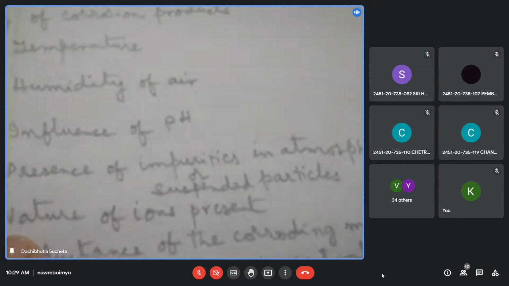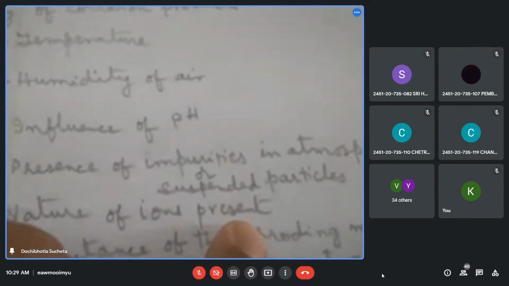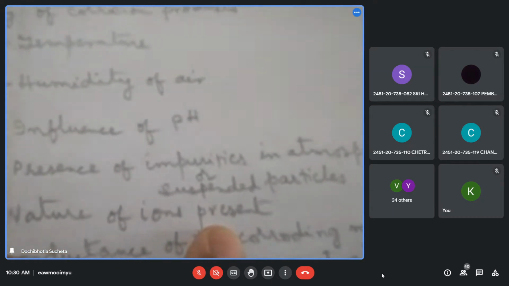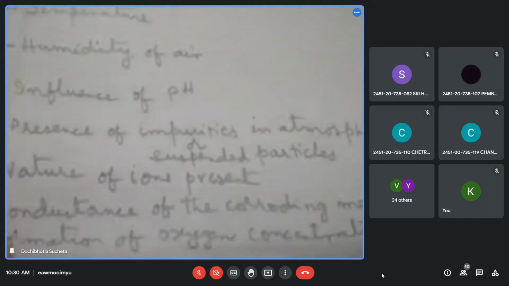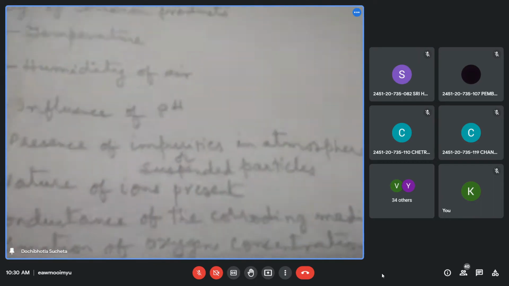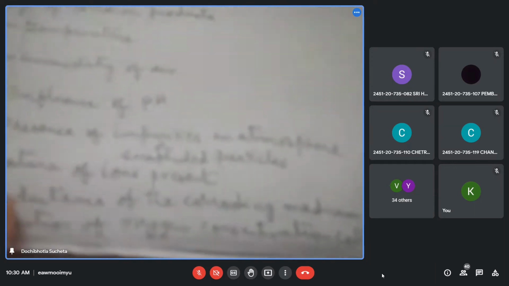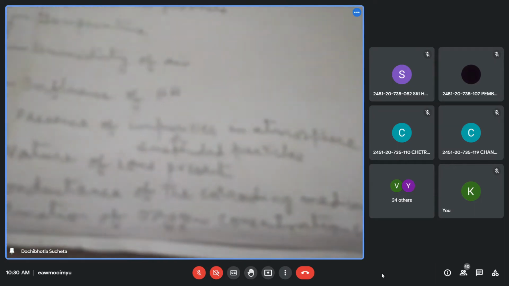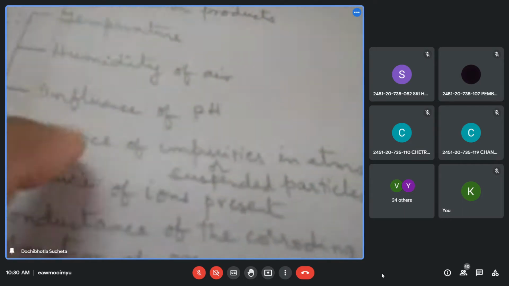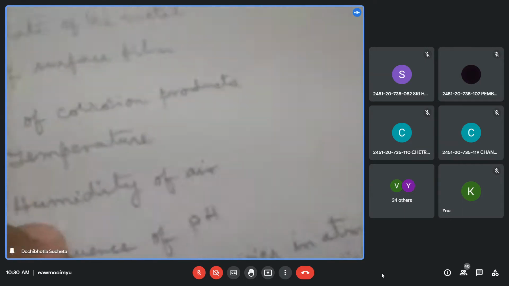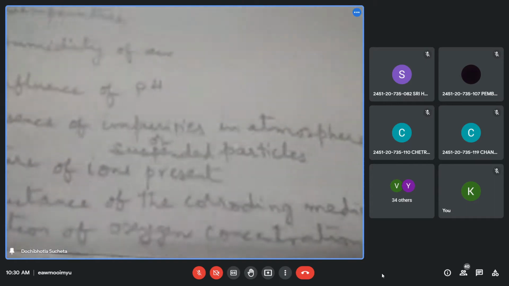Next one is nature of ions present. Next, conductance of the corroding medium.